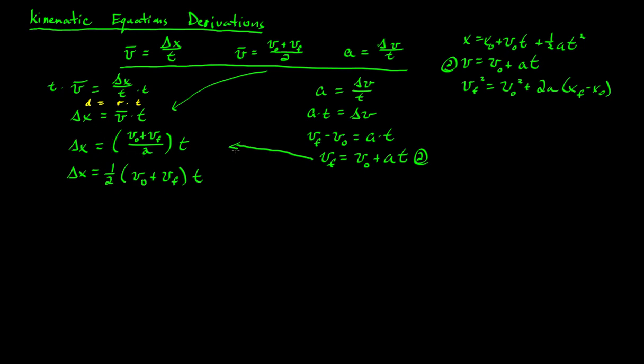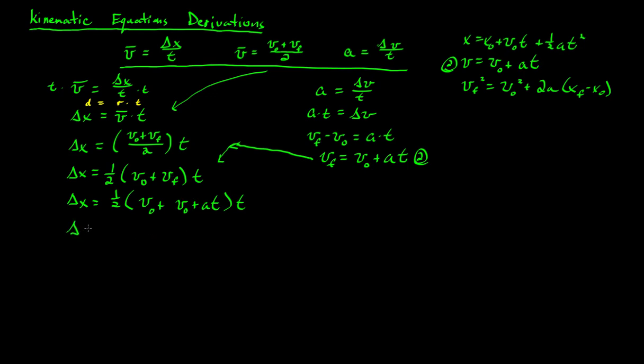And now I'm going to put it in there. So we get that the displacement is 1/2 of the initial velocity plus all of this stuff, v naught plus at, all of that times t. So I just substituted for vf.